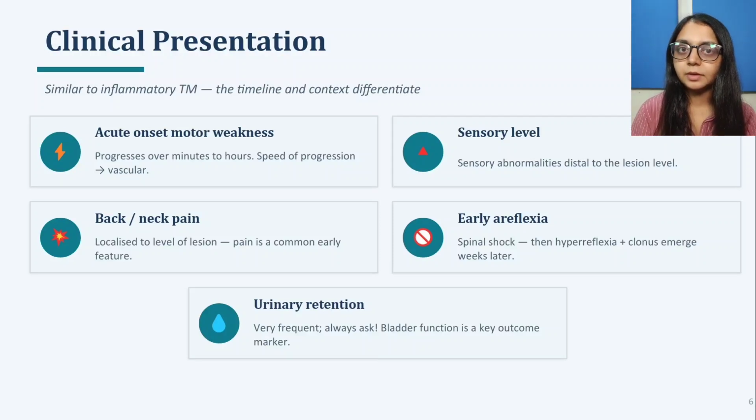Early areflexia reflecting spinal shock. Urinary retention, a very frequent symptom. Don't miss it. Then in the weeks that follow, as spinal shock resolves, you see spasticity, hyperreflexia and clonus emerge. The speed of progression and the pain at onset are both important clues pointing towards a vascular etiology rather than inflammation.